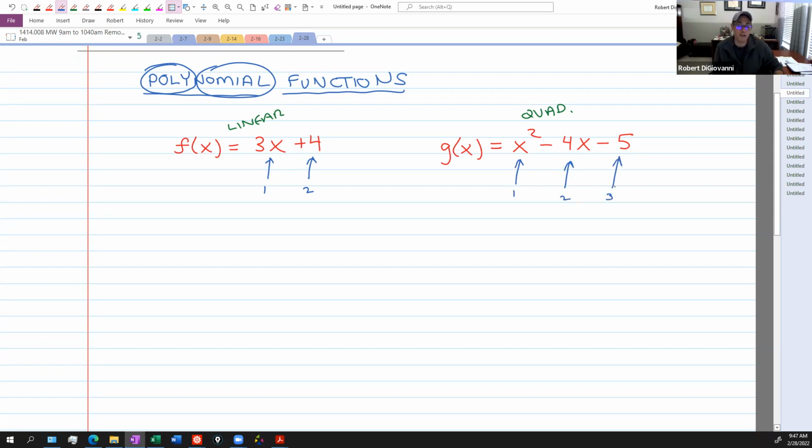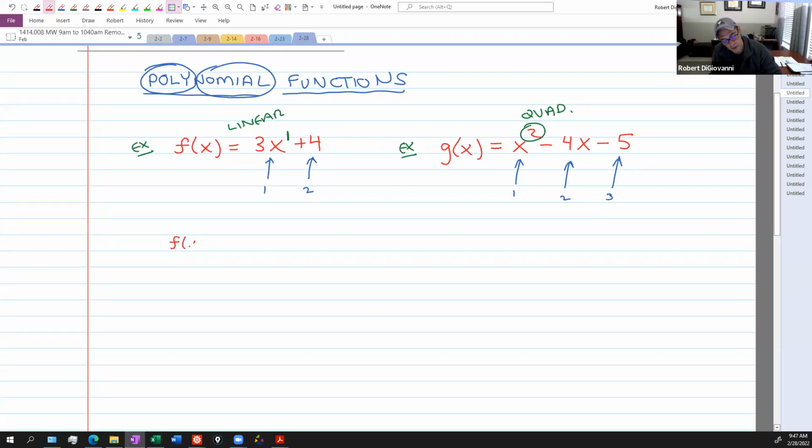Well, a polynomial is an expression that has a bunch of terms where you have x raised to all sorts of different powers. So let me give you examples of polynomials. Notice the highest power in x we see here is 1. Here's another example of a polynomial function where the highest power we see is 2. That's called quadratic.